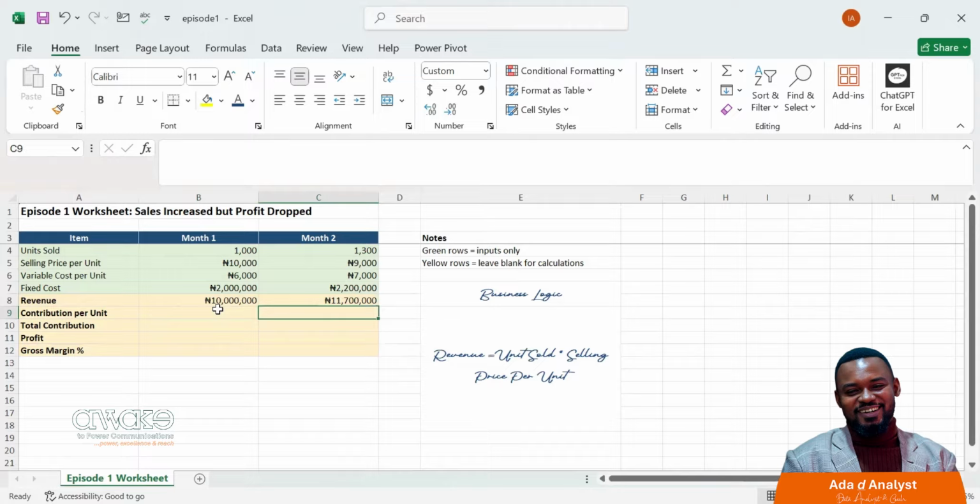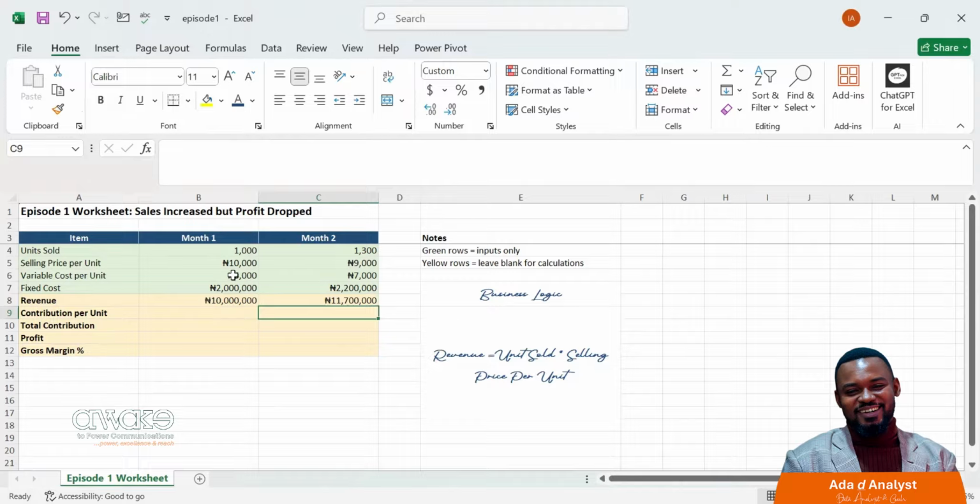The next thing we will calculate is our contribution per unit. We said earlier, when we were talking about the terms, that contribution per unit is the amount left from one product after removing the direct cost of the product, right? The direct cost for month 1 is 6,000 naira, and for month 2 it is 7,000 naira.